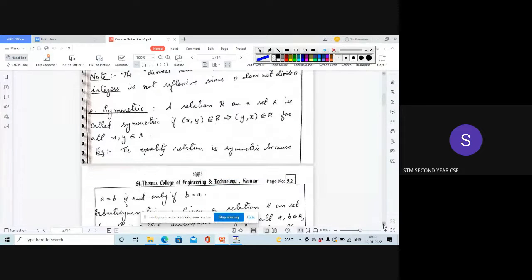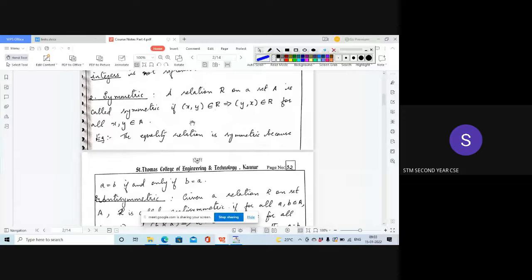So the next property. Now see in the notes, examples are also there. As a definition, a relation R on a set A is called symmetric if (x, y) is an element of R, then it implies that (y, x) is also an element of R. You can write x, y or a, b, any variable.